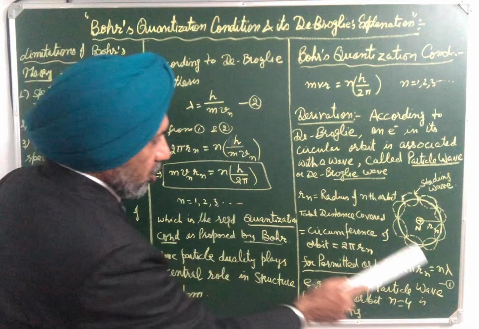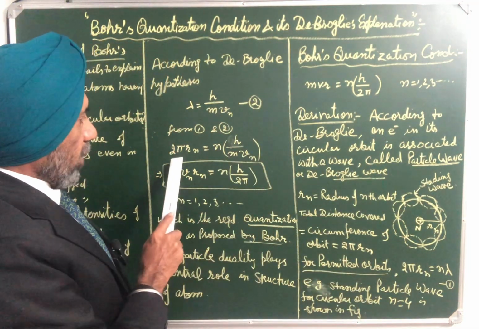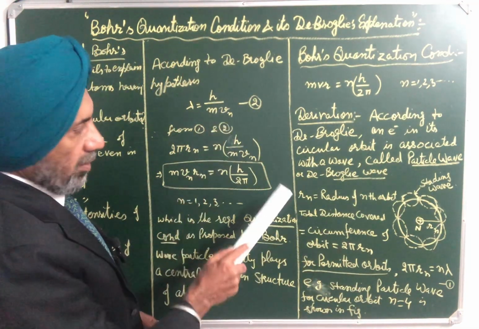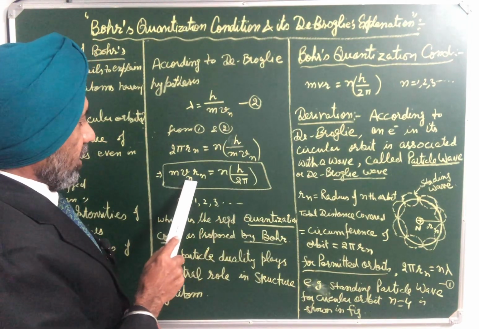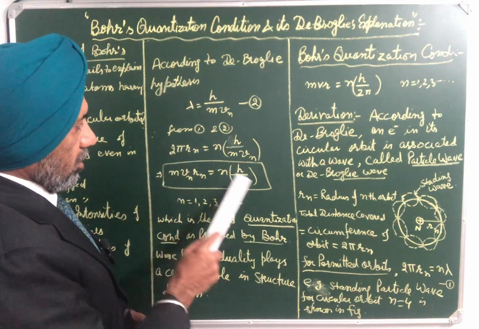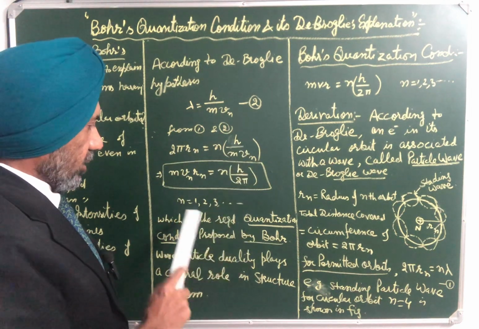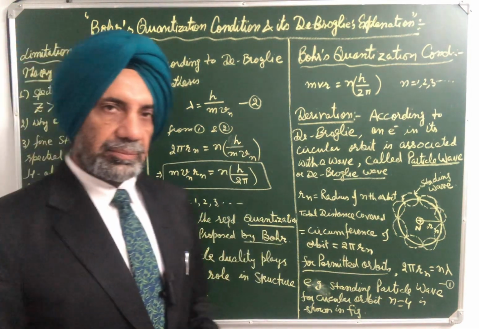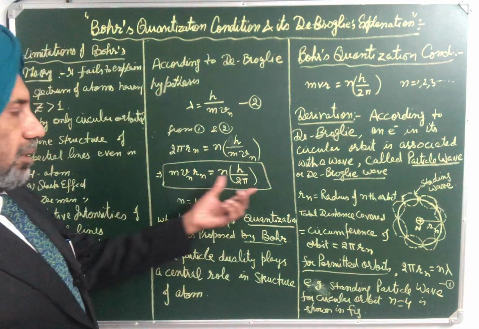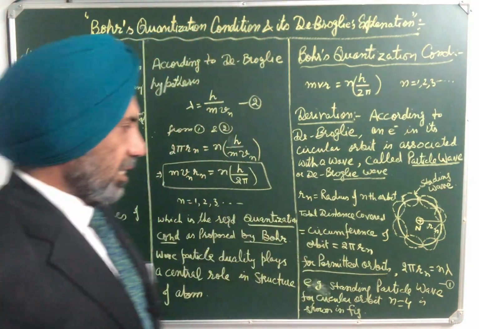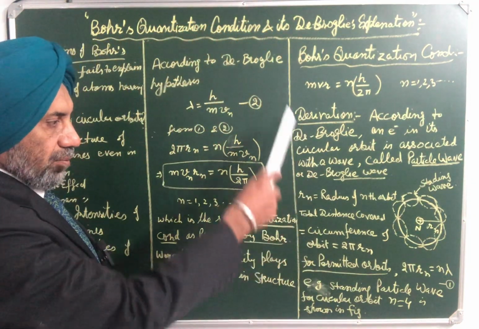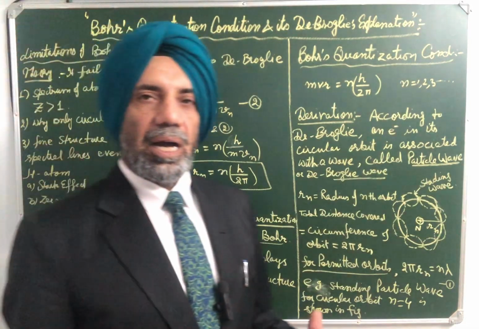So from these two equations, 1 and 2, we have 2 pi Rn is equal to n, substituting the value of lambda, h upon m vn, or m vn Rn is equal to nh upon 2 pi, where n is equal to 1, 2, 3, which is nothing but the required Bohr's quantization condition, derived on the basis of the de Broglie hypothesis.